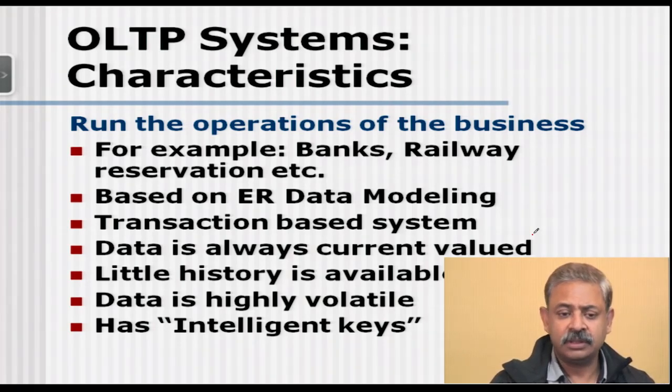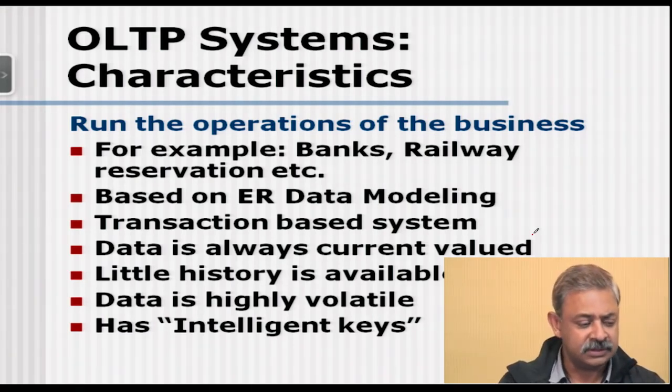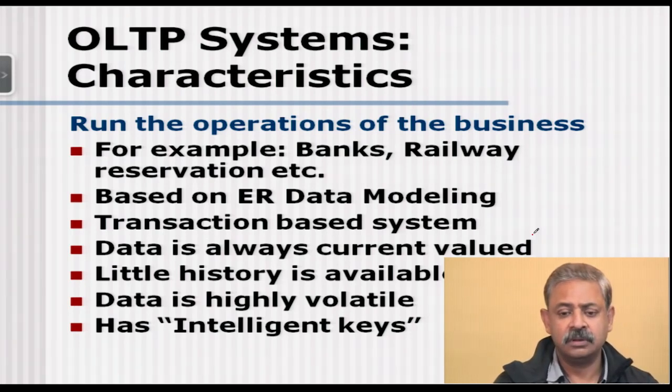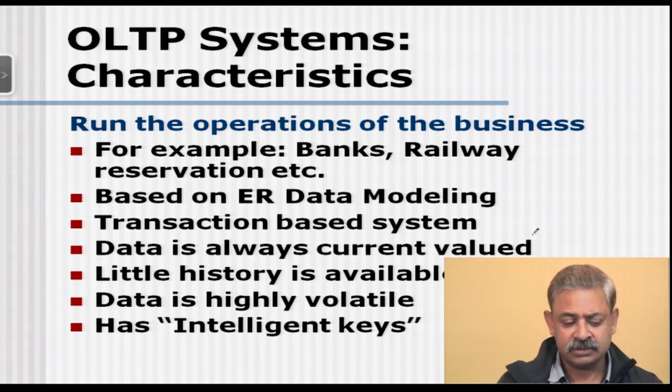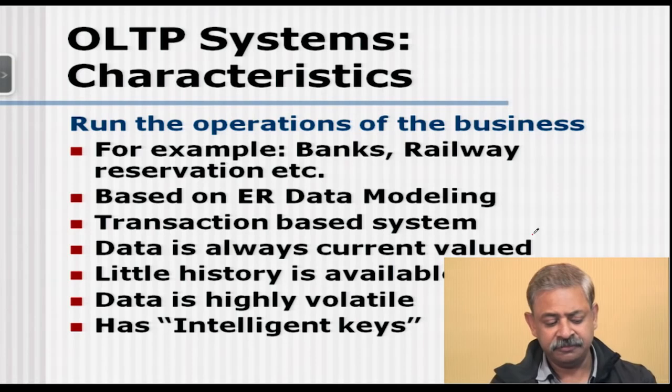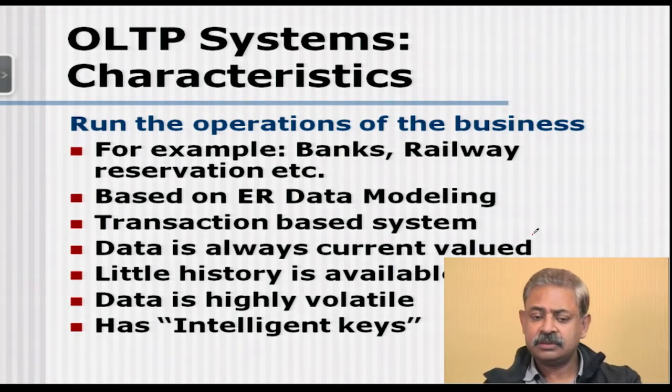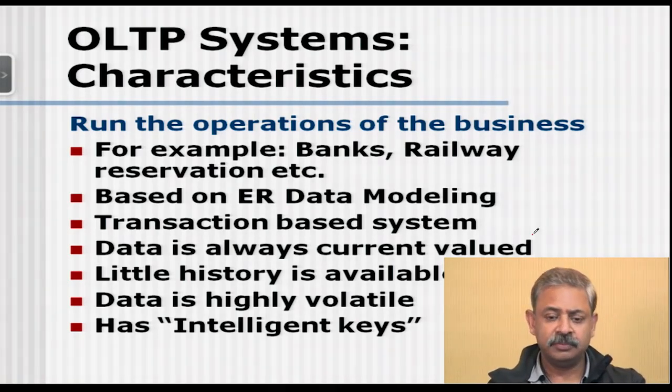And data is highly volatile because of the number of transactions that are happening, and such systems have intelligent keys. In the last lecture I gave you an example of the ID number of a student, which is an intelligent key. We call it intelligent because it conveys a lot of embedded information about the entity it is representing. So let me move to the next slide.